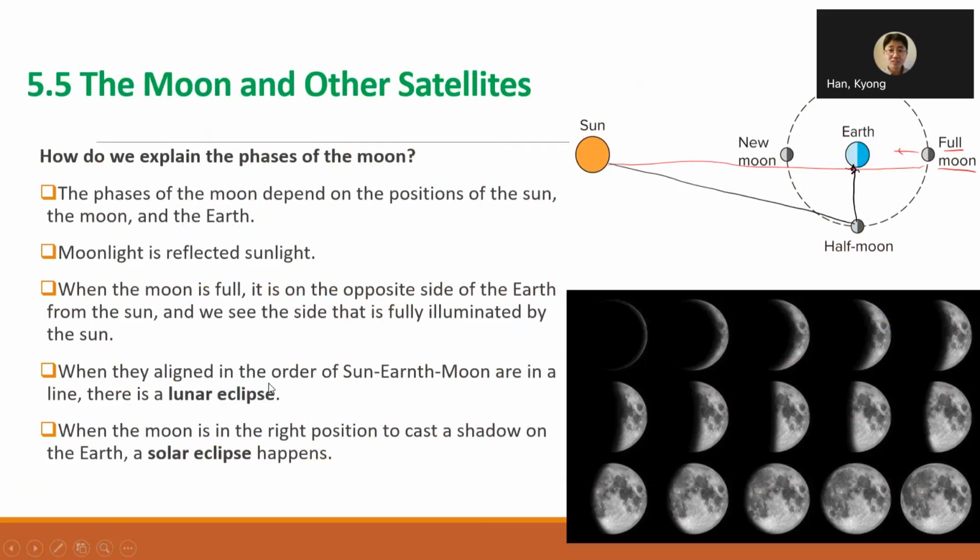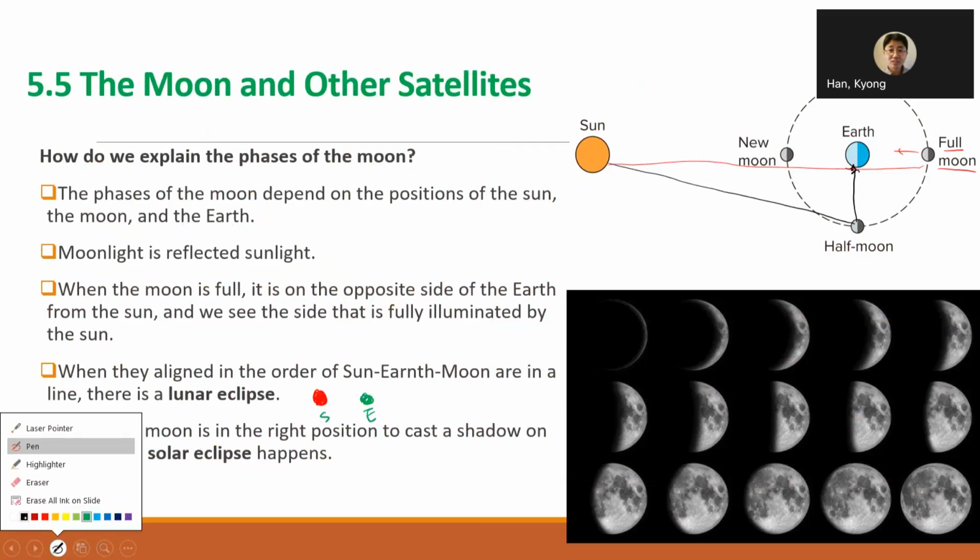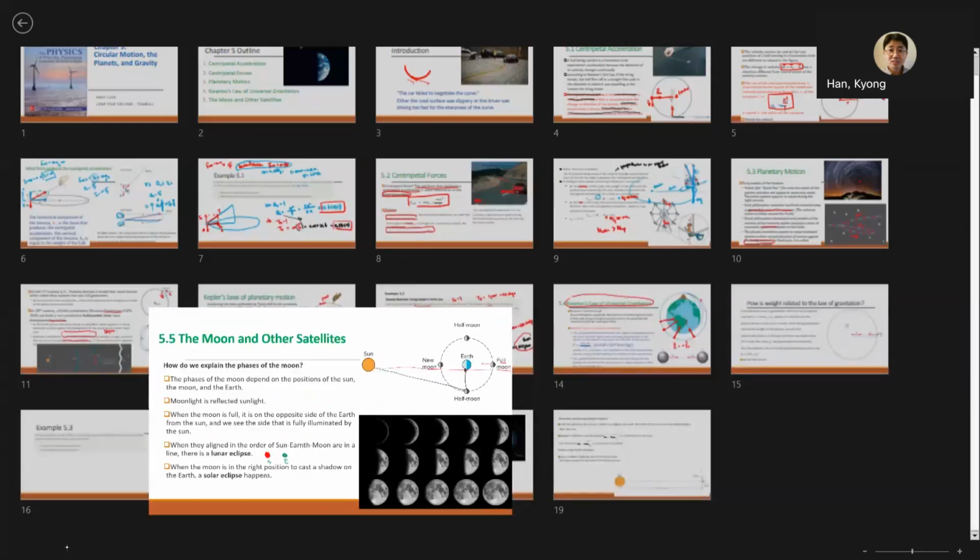When the sun, earth, and moon are in a line, there is a lunar eclipse, right? The sun is here, and then the earth, maybe we can see green. This is the earth, the sun, then here's the moon, maybe a blue moon.